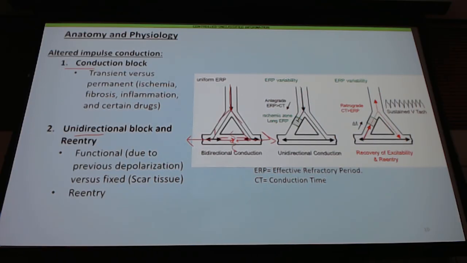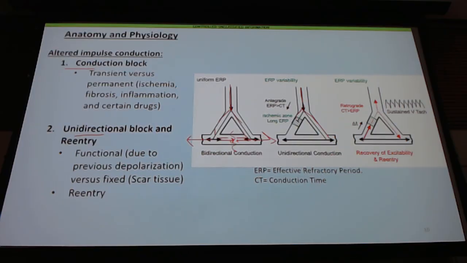Now, something that may happen is, let's say we go back and that initial action potential hits that initial fork in the road, and it's going to go down the right side normally, but the left limb, let's say there's an area of an infarct where that conduction is killed, it's not going to necessarily propagate that signal.